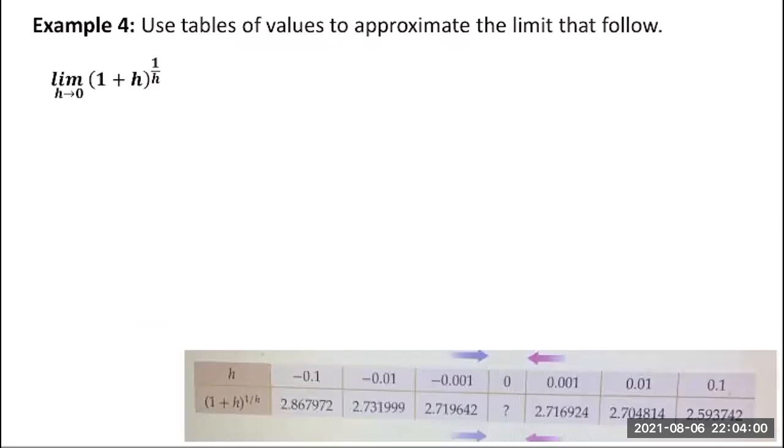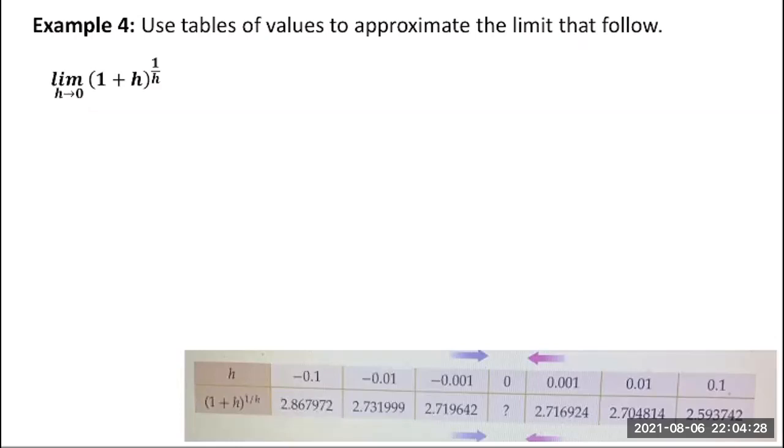The next example is to use tables of values to approximate the limit that follows. We need to approximate the limit of this given expression as h approaches 0. So we do the same trick. We take a sequence of values of h approaching 0 from the right hand side and from the left hand side.